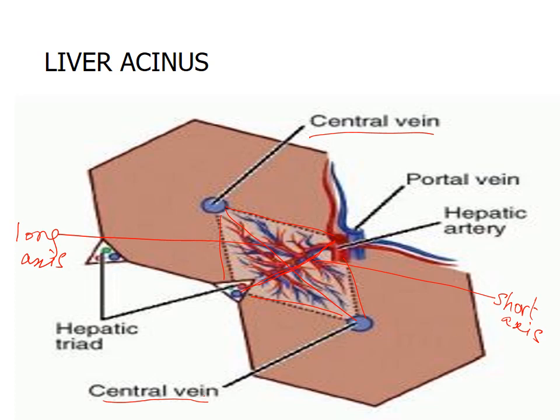The short axis of the ovoid hepatic acinus corresponds to a line drawn between the two adjacent portal triads. The distributing branches of the portal vein and those of the hepatic artery run in the short axis of the hepatic acinus. Now these are the distributing branches, and they run in the short axis.